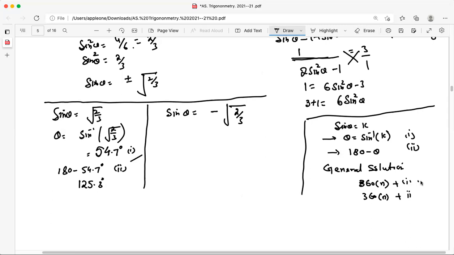Now, as I said to you, let's find a general solution here, but we'll see whether the general solution is coming in our range or not.